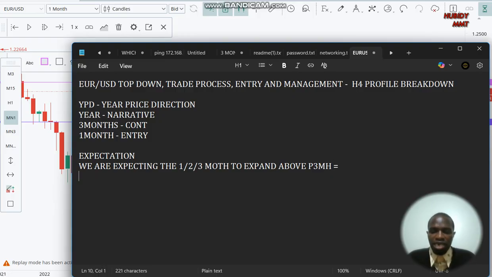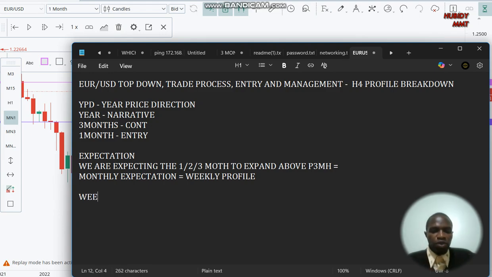We normally say this monthly expectation is equal to weekly profile. So you see now we've started our top down from yearly, and now we are coming down all the way to the weekly.